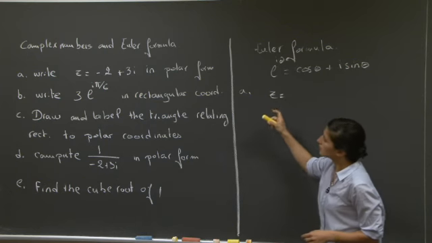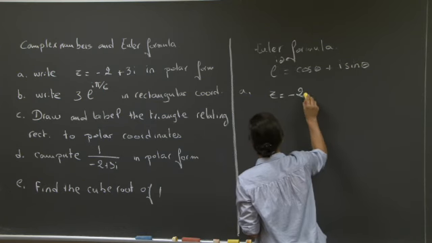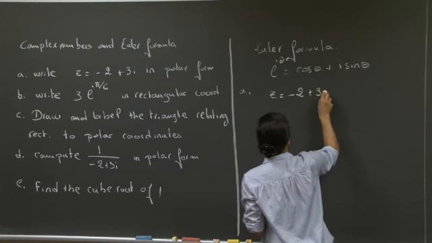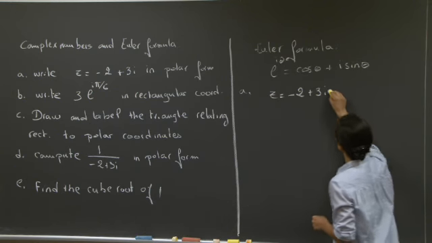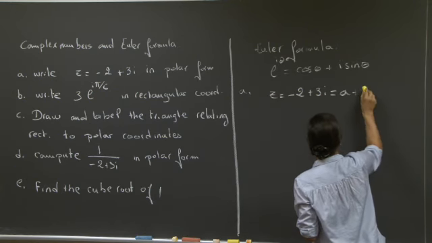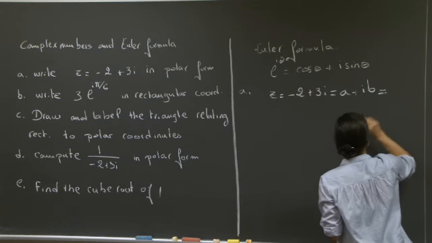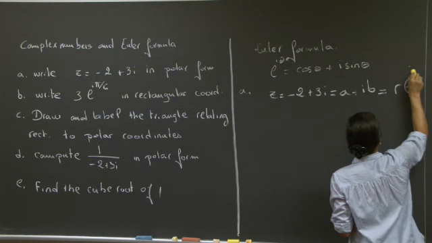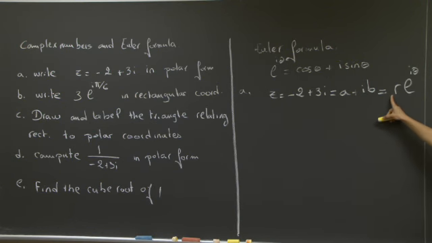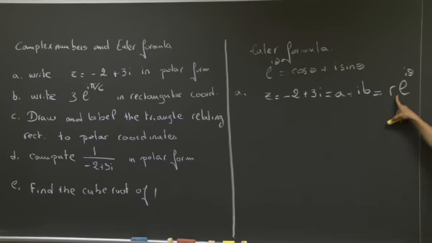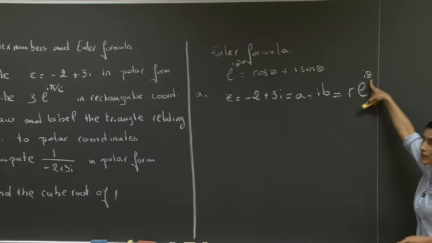Question A gives us a complex number in rectangular form, in this form a plus ib, and we're asked to write it in polar form, which introduces the modulus of the complex number, R, and its phase theta.